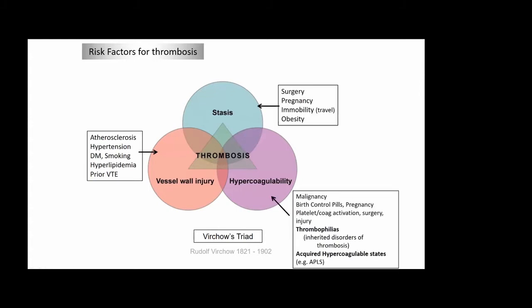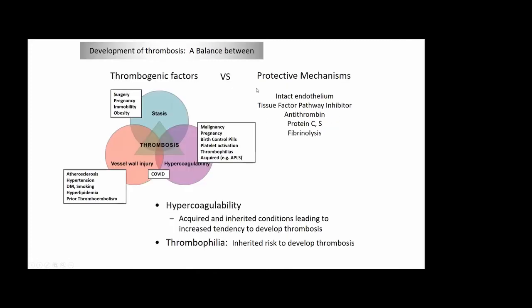And these are elements of each of these sections. So atherosclerosis and other vascular diseases, alterations in normal flow, and alterations in the ability of the blood either to clot or to prevent clotting. And this is a new addition to the triad. So I'm going to spend some little time talking about some of these and more time talking about these.